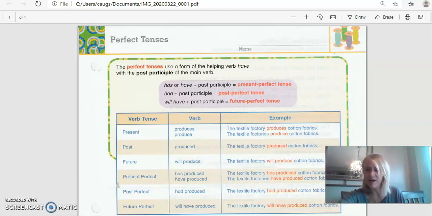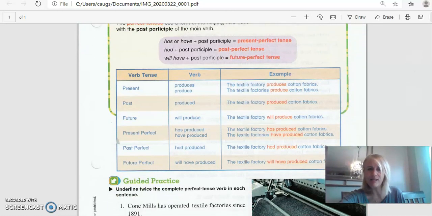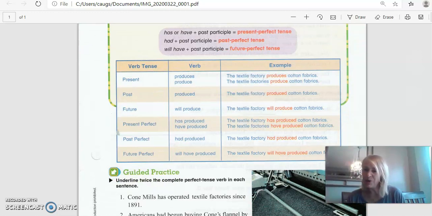So I'm going to move up a little bit, okay, right here. At the top, you have the verb tense, the verb, and the example. Let's look at the present. Present verb tense, and then the verb is produces or produce. You could say the textile factory produces cotton fabrics, or you could say the textile factories, and that's plural, produce cotton fabrics.